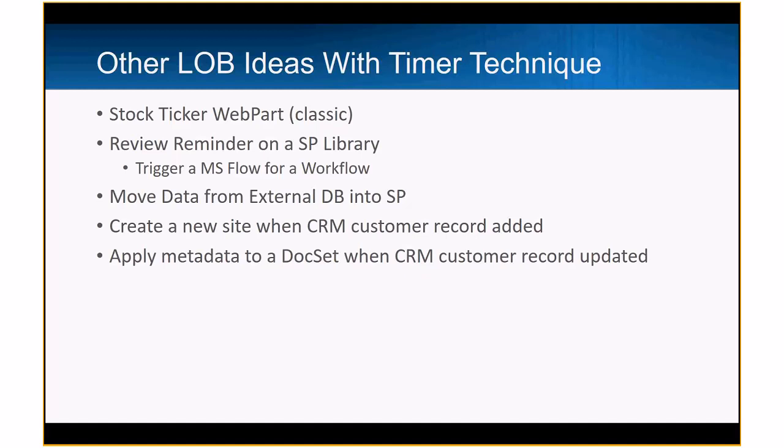You could imagine an Azure timer function here going out and scanning through that list of documents in that library and then kicking off Microsoft Flows to go get this thing reviewed and updated, okay?